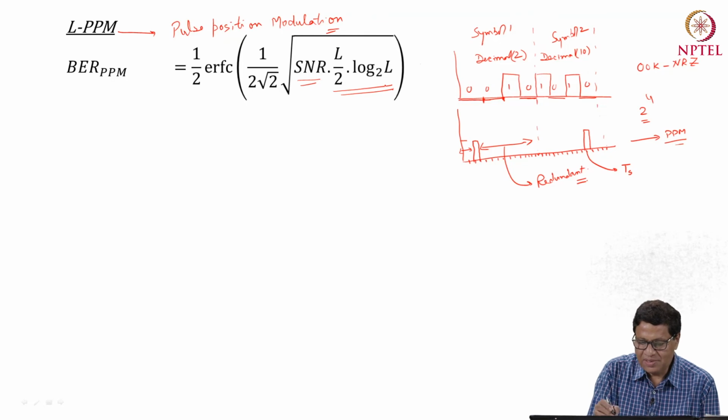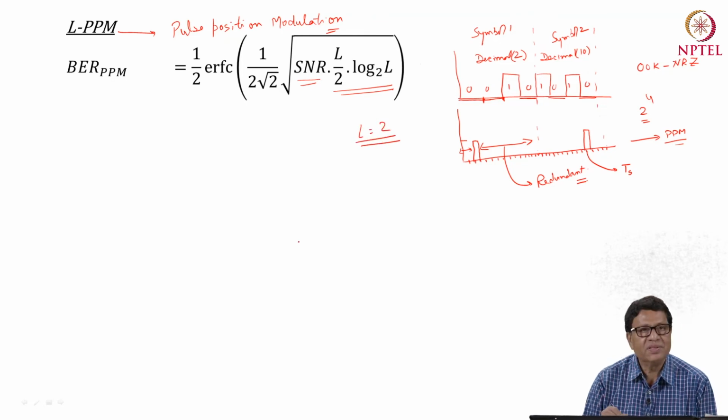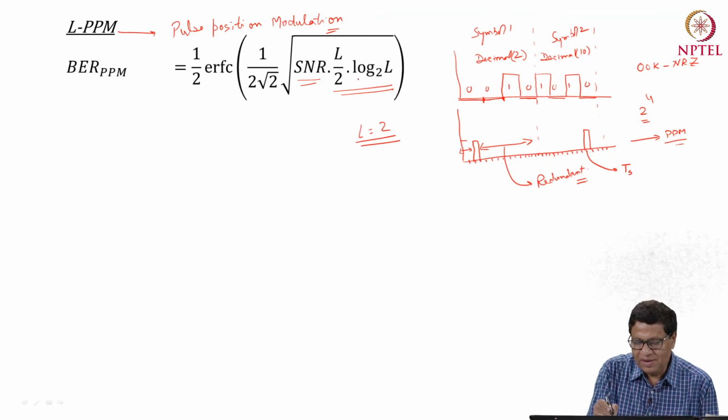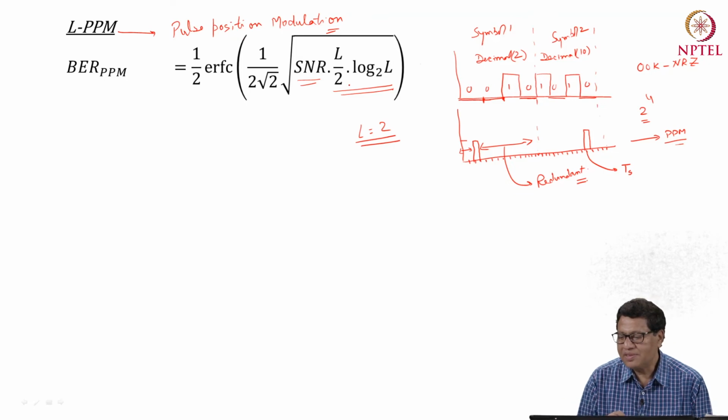If, for example, L is equal to 2, which is a case of NRZ signal only, that means there are only two levels, two pulses, 1 and 0. So this will reduce to our standard NRZ case.